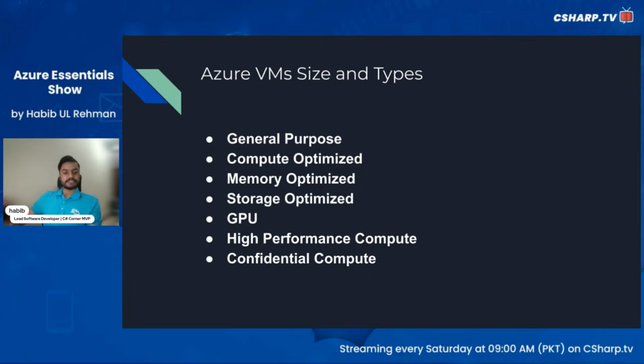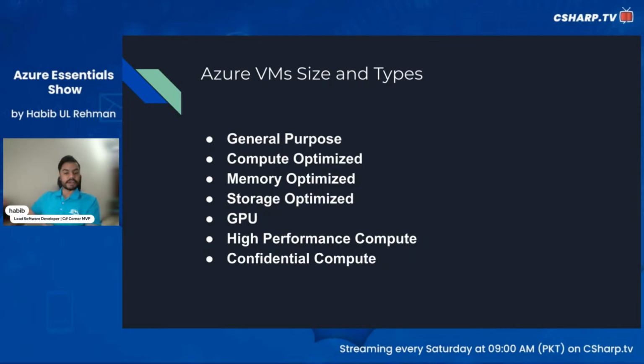The sizes available are B series, D5 series and D4 series. These are general purpose types of Azure virtual machines. Then we have compute optimized types where a high CPU to memory ratio is available, and this type is suitable for medium traffic web servers, network appliances, and batch processes.